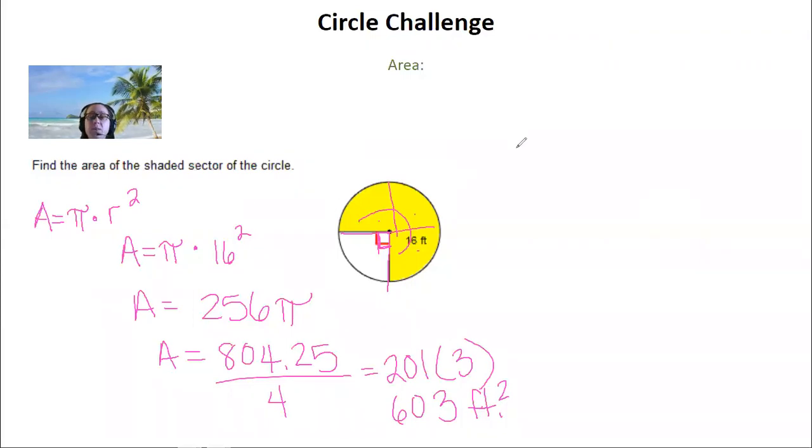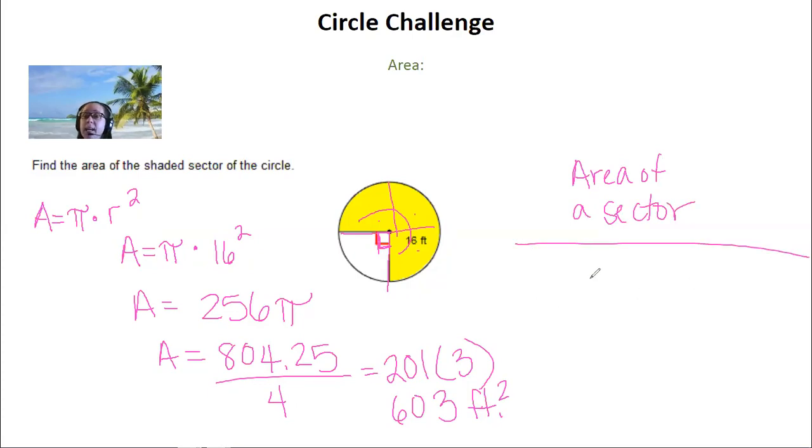So the actual formula has us take the area of a circle and multiply by the angle that we're given. We'll call it angle, because I don't want to confuse you guys.